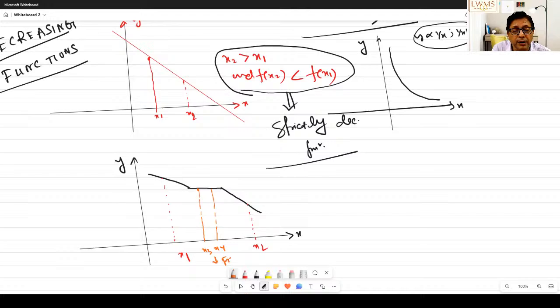Here, for x4 greater than x3, f(x4) is equal to f(x3). It also can arise.